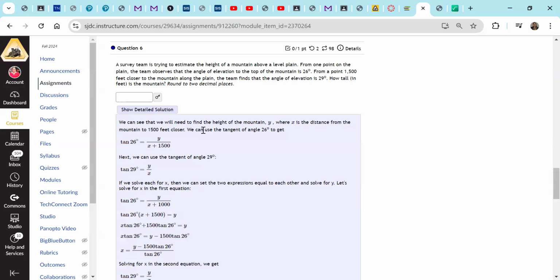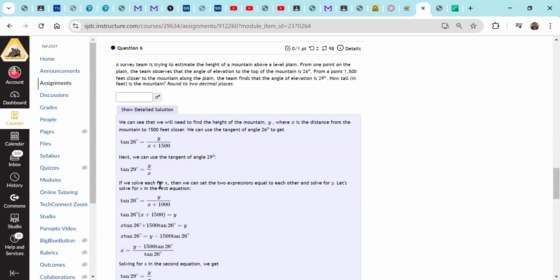So tangent of 26 degrees is equal to y, the height of the mountain, divided by the base, which is x plus 1,500. The other angle, 29 degrees, that is tangent 29 degrees, y over x. Now we have two equations with the tangent.